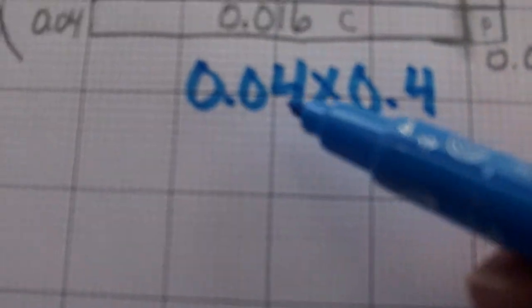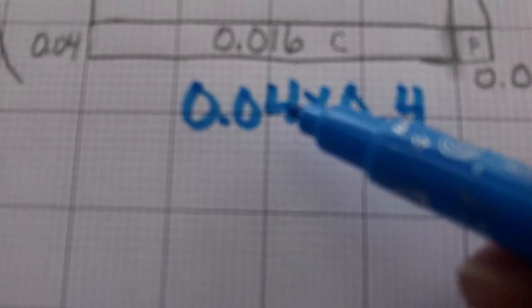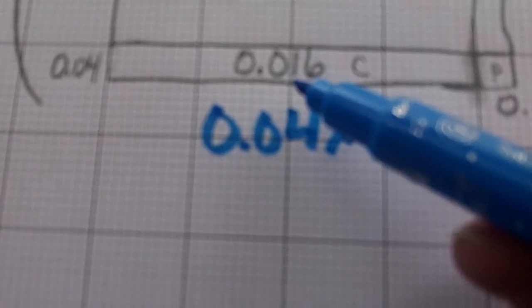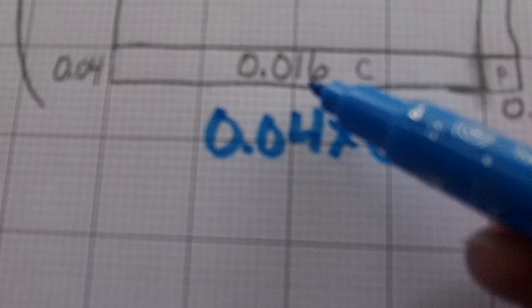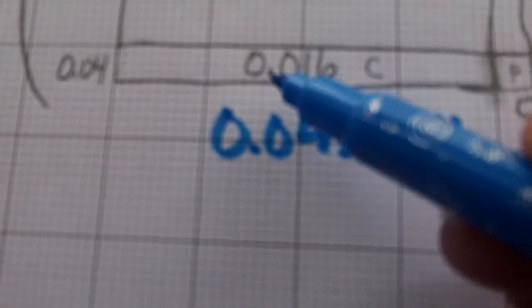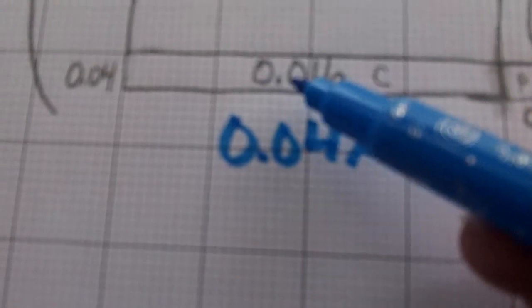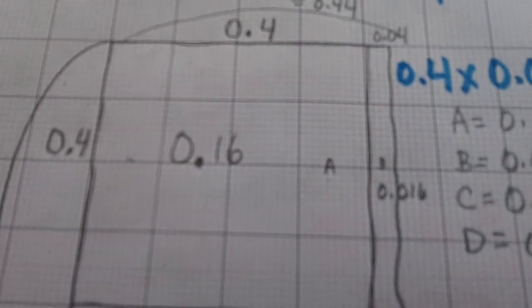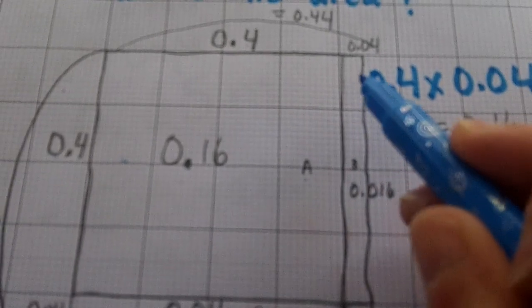Now once again, because I am all the way out to my hundredths place, that is where my 1 and 6 will start. So that will be my answer of 0.016 for box C.